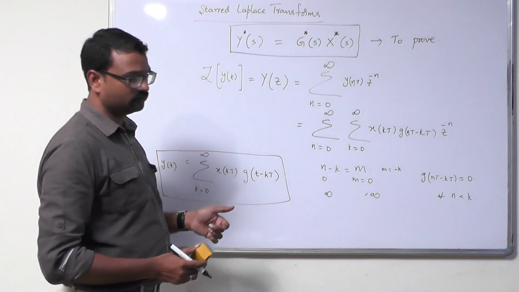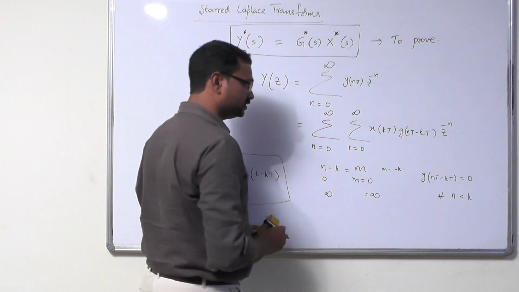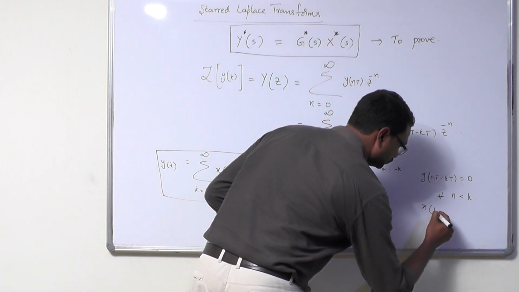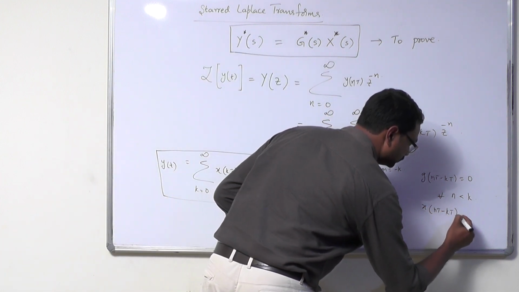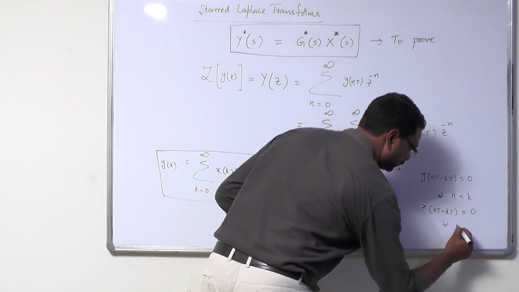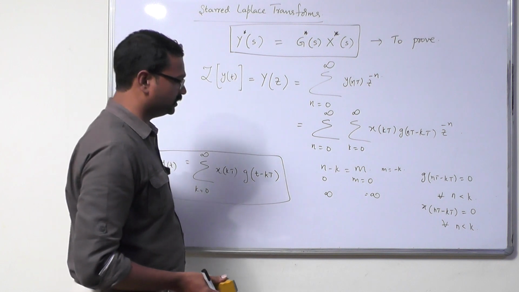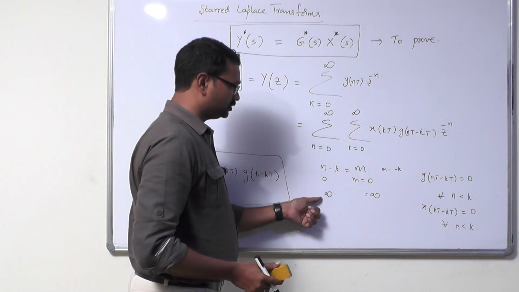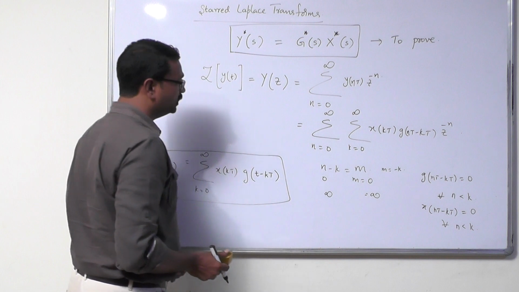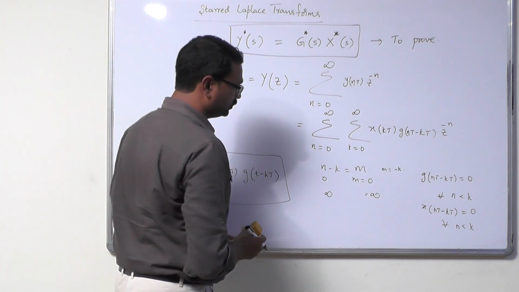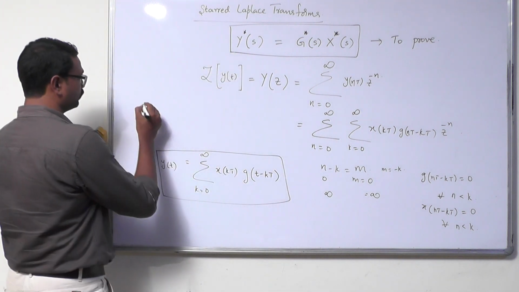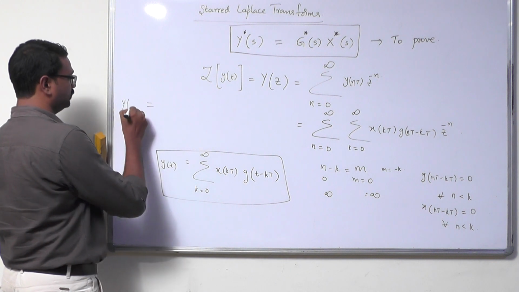This is already assumed for us, and similarly x of nt minus kt is equal to 0 for all n less than k. So in either case you can use this equation. Therefore, when n is varying from 0 to infinity, m is also varying from 0 to infinity. Therefore, without any loss of generality, you can replace this y of z.